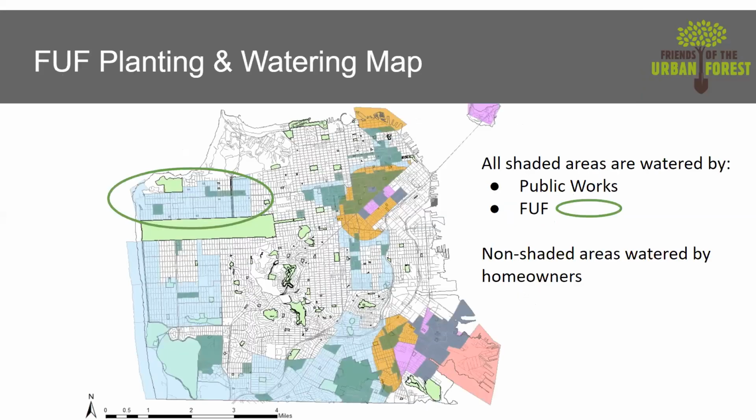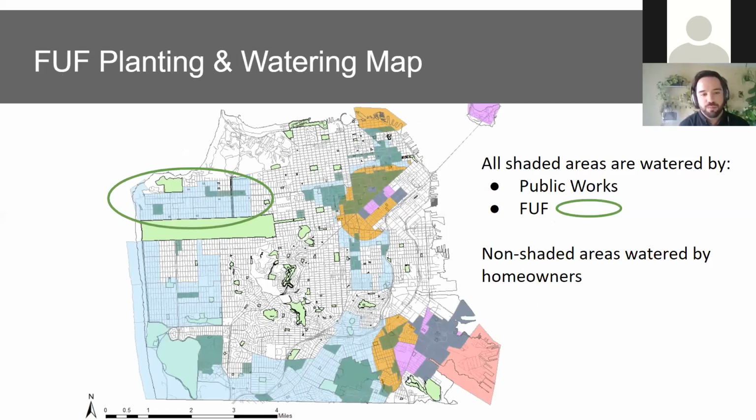The first thing we want to do is put the place in the right tree, right place. So these are areas that Friends of the Urban Forest is focusing on for the next 3 years. This map, anywhere that's shaded, maps very closely to street tree canopy cover in San Francisco and also income. So these are areas that we have funding for the next 3 years.